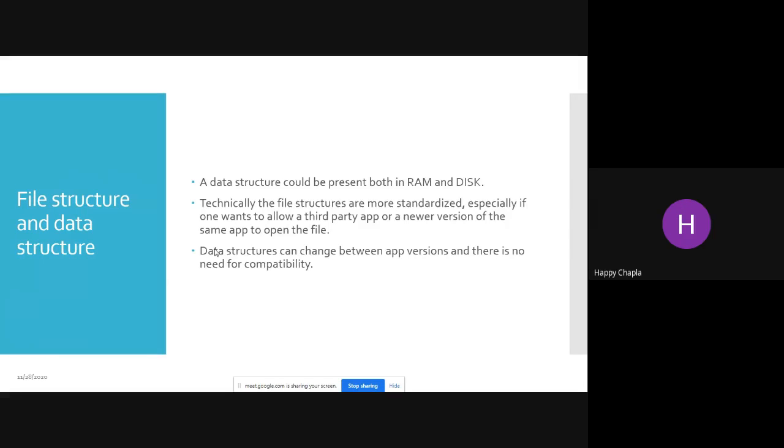Technically the file structures are more standardized, especially if one wants to allow a third party application or a newer version of the same application to open the file. There should be no technical issues when we move towards the next version. Data structures can change between application versions and there is no need of compatibility, right?